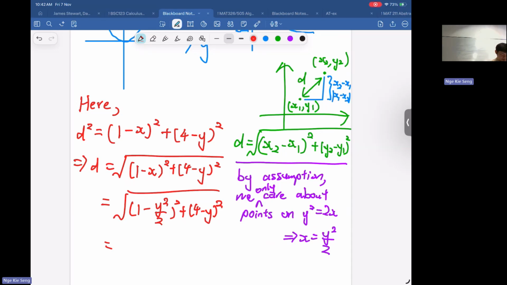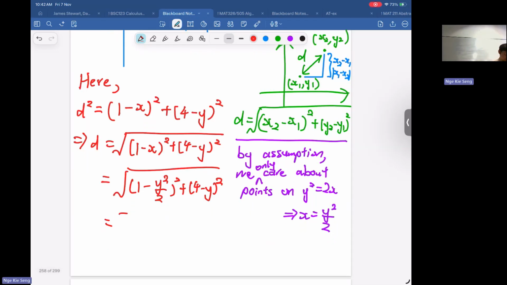Should we expand this? Will it be easier to calculate if we expand this? Maybe let's expand this. Later we're going to do derivative. 1 minus y squared, and then plus y to the 4 over 4.